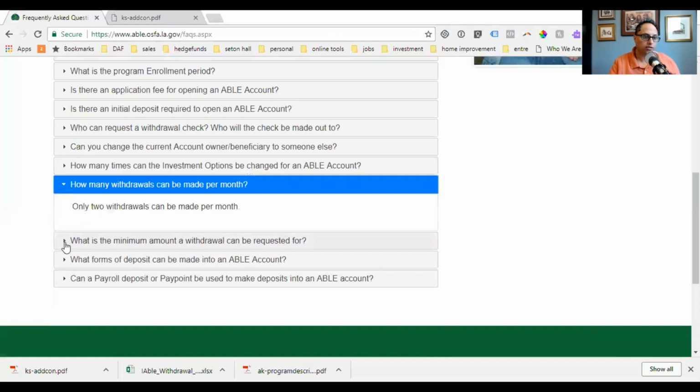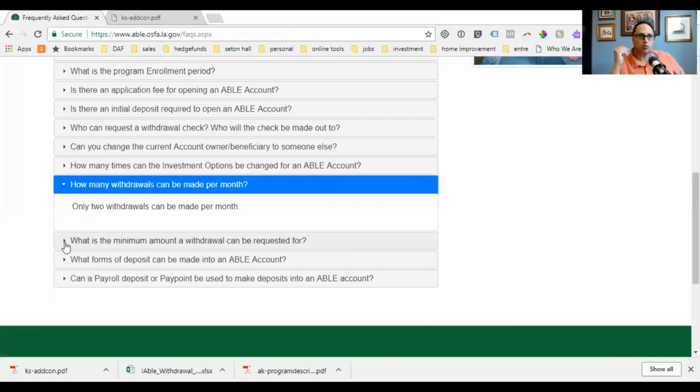Only 2 withdrawals can be made per month. That's interesting. I don't believe I've seen that limit before. Withdrawals. And I just noticed something here that I have to check in general with the ABLE accounts. Can an ABLE account be used as a checking account, right?